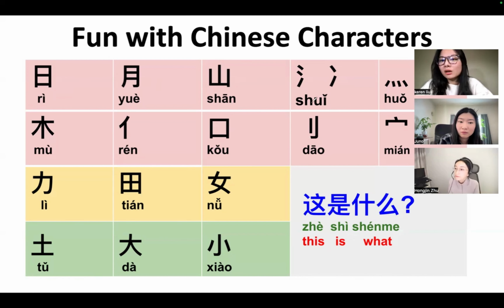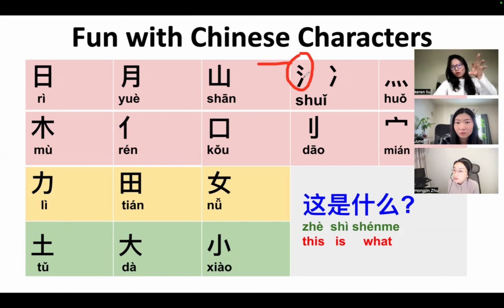For example, water, 水 will change their formation into 2 different radicals. The first one is 3 drops of waters. They are always related to liquid. If the character has 3 water drop radical, this character is related to liquid.